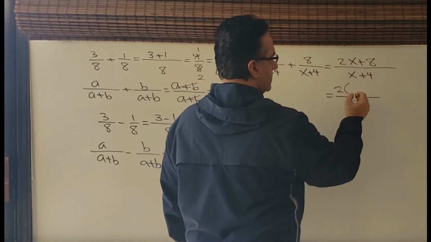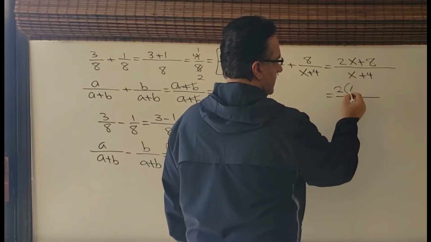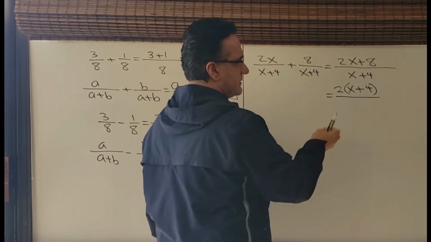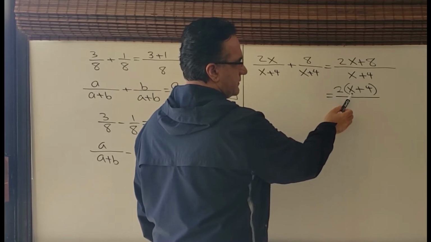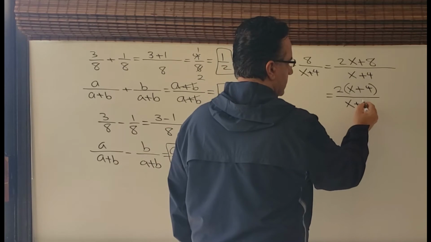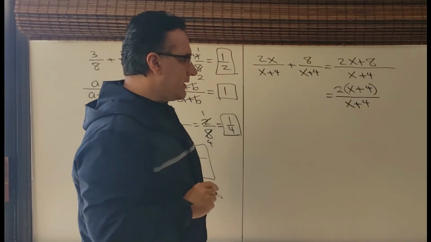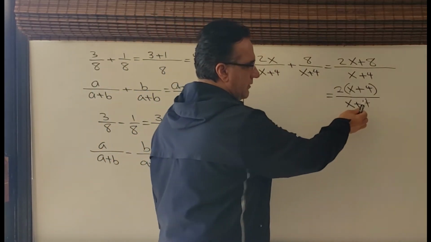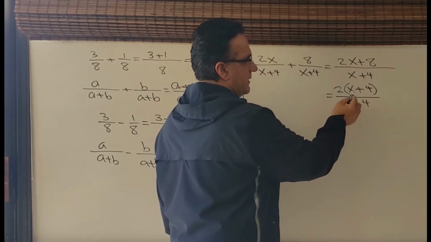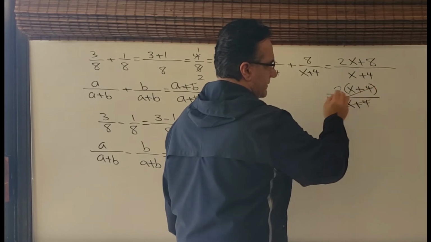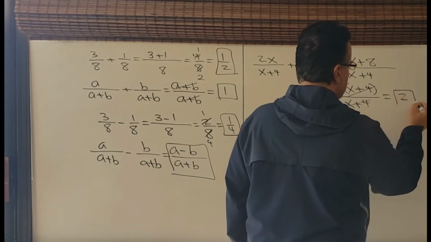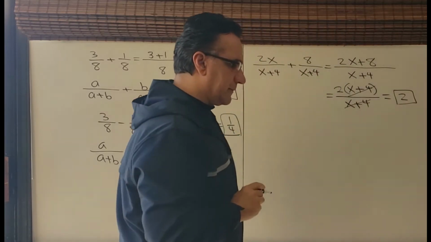We factor it out, and that leaves us x plus 4. Just divide each term by the common factor to know what needs to go in here. We have that in the denominator, and this time, since all of x plus 4 can be cancelled with that x plus 4 factor, we can do that cancellation, and we end up with 2 for the final result.